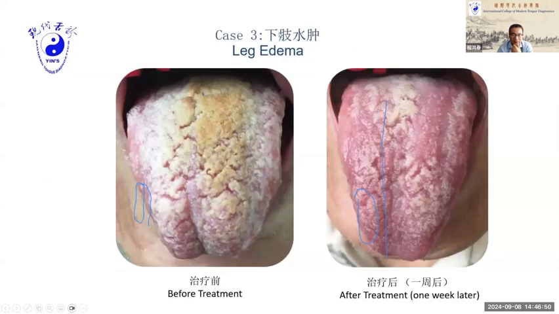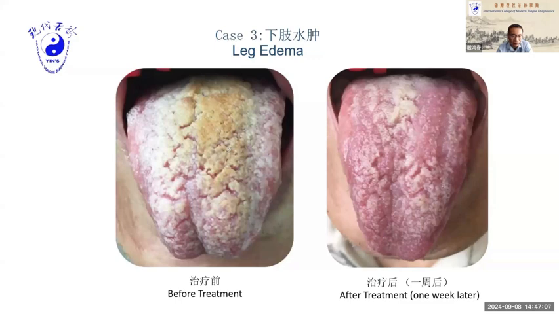This is another case of tongue diagnosis. This patient has leg edema, and this tongue picture is from before the first visit.